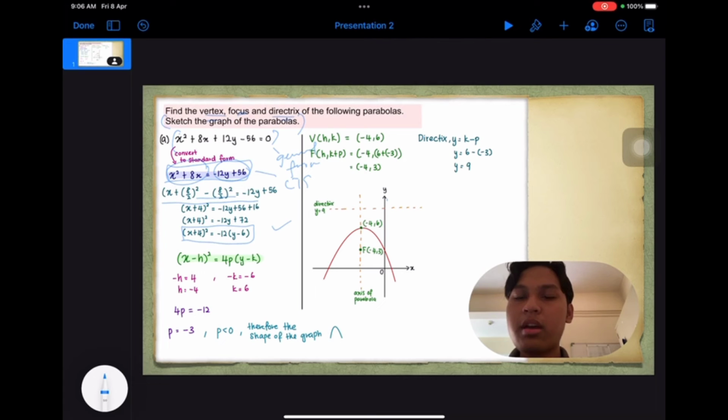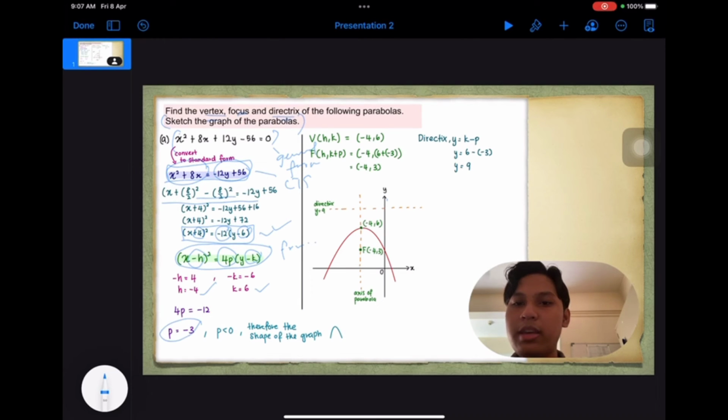After we get this standard form, we compare it with the formula. To find h, we compare the two, so negative h is equal to 4, so h equals -4. Negative k equals -6, so k equals 6. 4p is equal to -12, so p is -3.